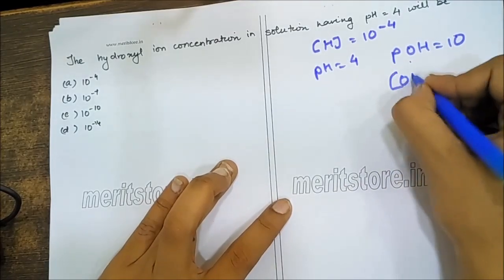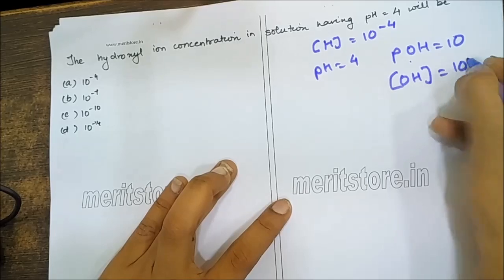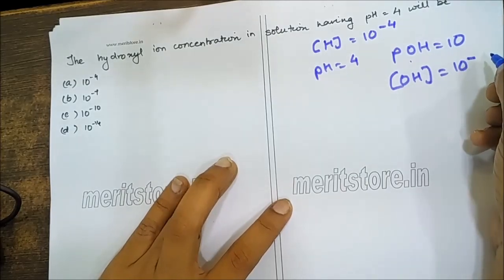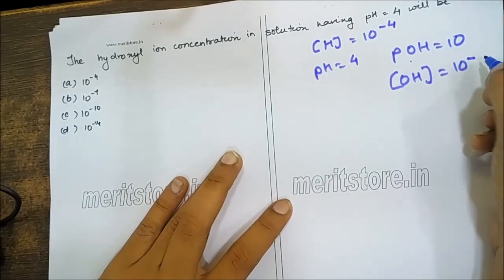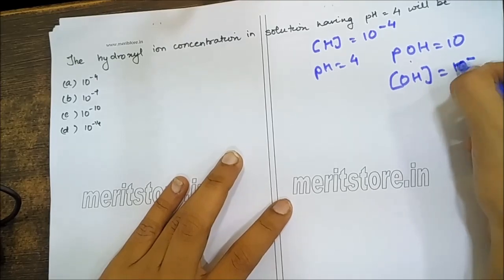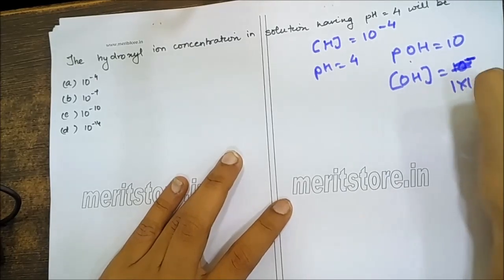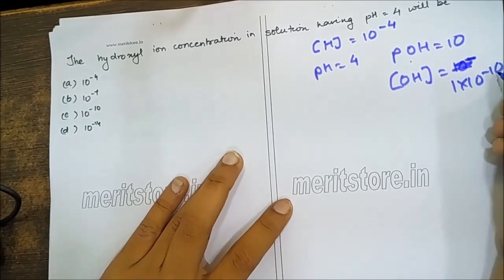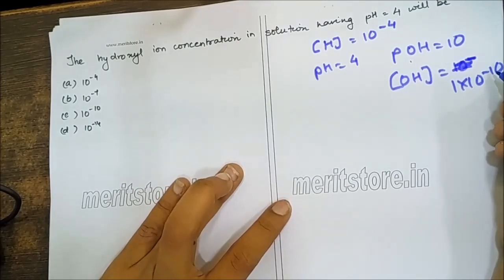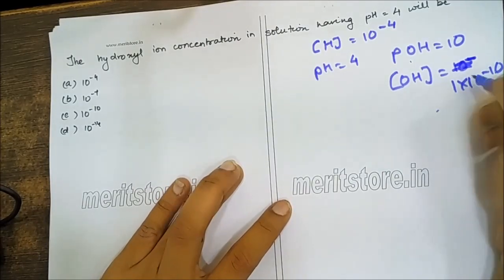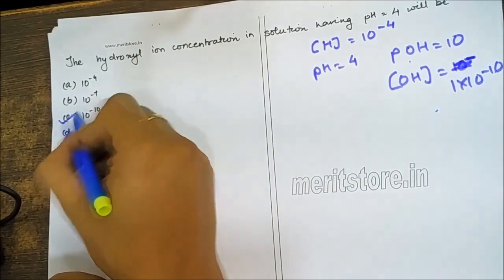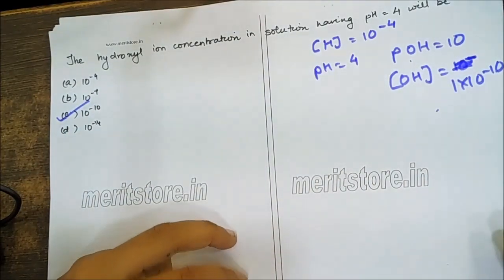That means concentration of OH would be 1 into 10 raised to minus 10. Okay, then only after taking the negative log to the base 10, this minus 10 will come down. So 10 raised to minus 10 is my correct answer.